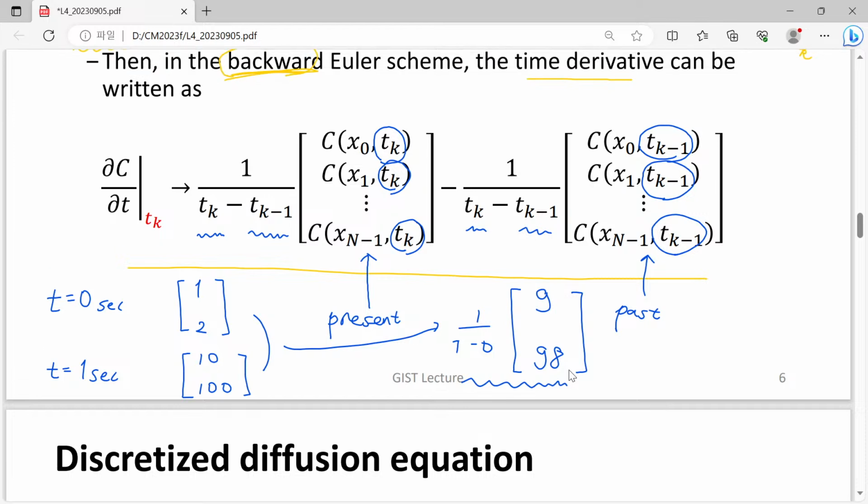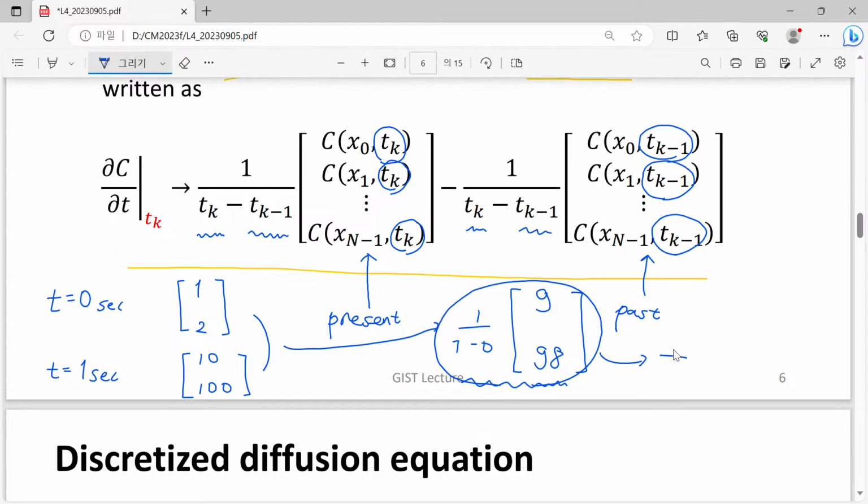It looks quite easy, but anyway, the point is, in this backward-Euler scheme, the time derivative of our solution vector is assigned at which time instance? Is it assigned to 0 second, or 1 second, 2 second, or another one like 0.5 second?